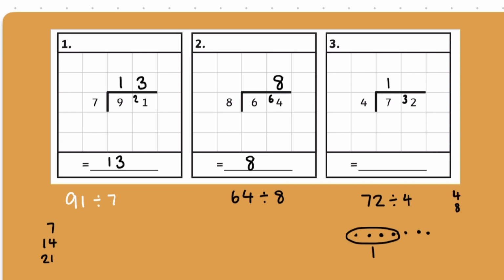So let's write out our 4 times table. 4, 8, 12, 16, 20, 24, 28, 32. And let's count 1, 2, 3, 4, 5, 6, 7, 8. So 8 lots of 4 is 32. So 72 divided by 4 is 18.